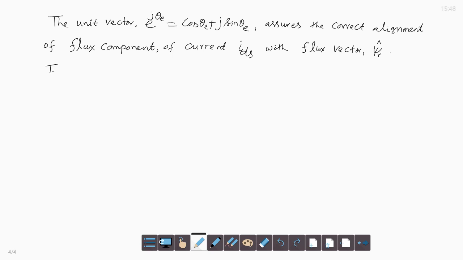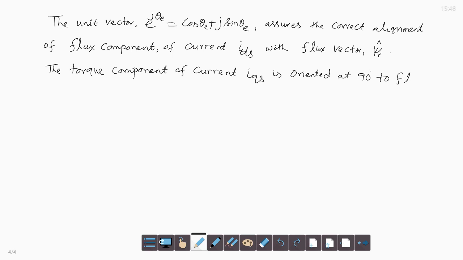The torque component of the current IQS is oriented at 90 degrees to the flux vector psi r hat.